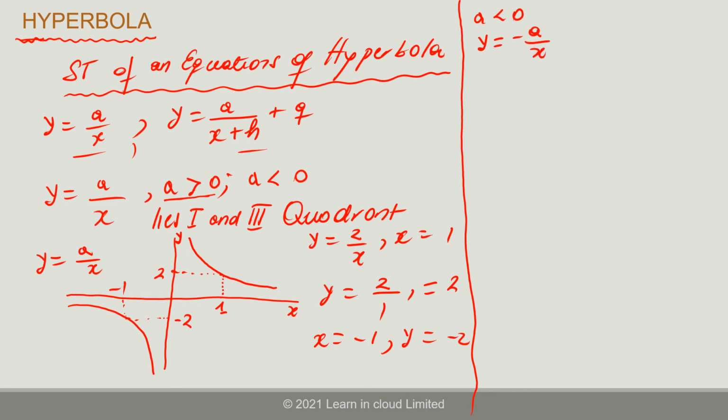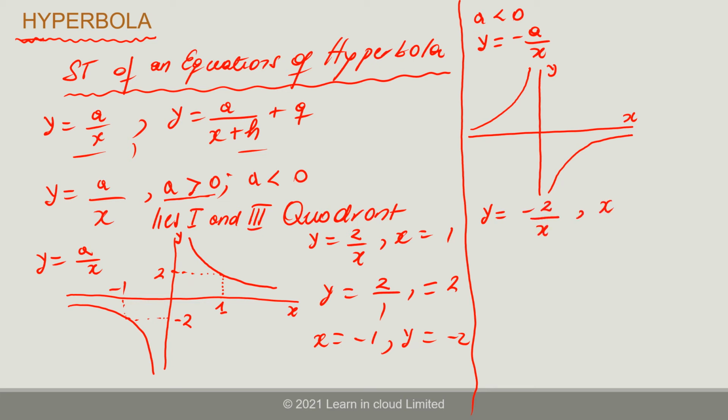So when a is negative, your graph as a hyperbola is going to lie in the second quadrant and fourth quadrant. So we have our y and we have our x. We're going to try to do an example: y equals negative 2 over x.